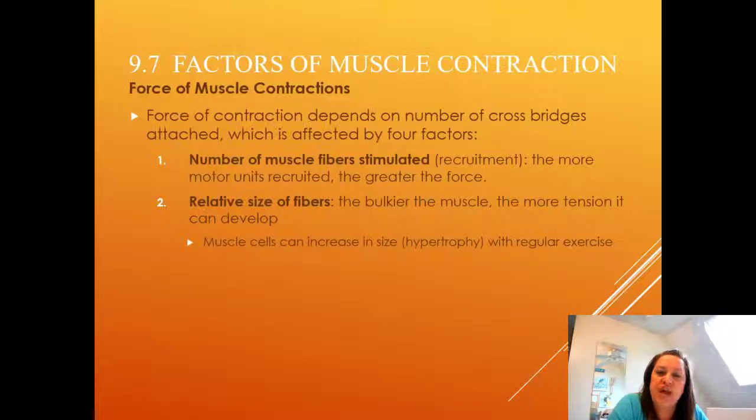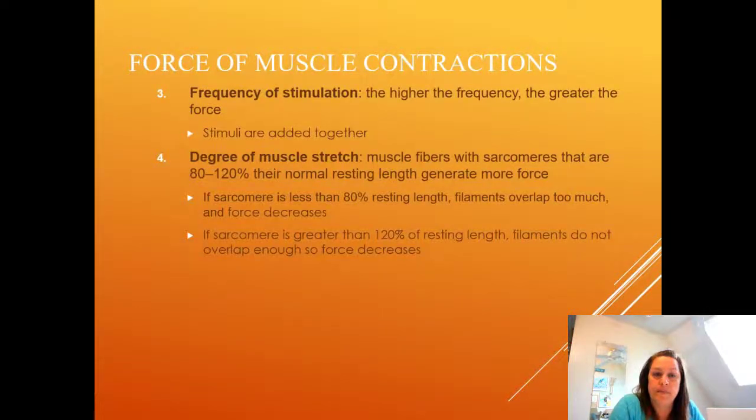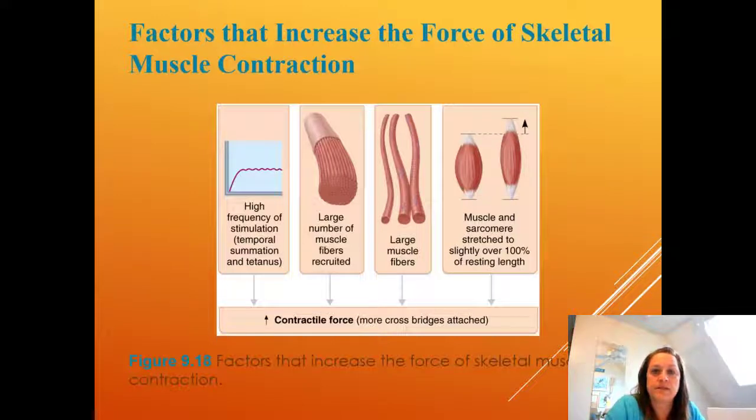The force of muscle contractions depends on the number of muscle fibers stimulated and the relative size of those muscle fibers, right? The bulkier the muscle, the more tension it can have. And this happens when we work out, right? We can increase our muscle size based on what we're asking it to do. Let's skip some things.